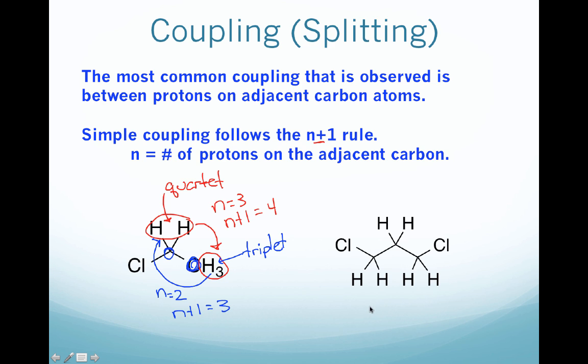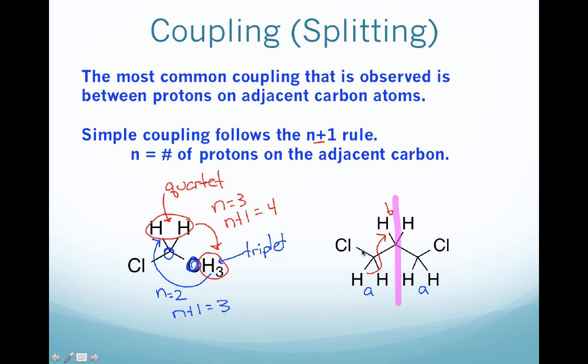Now, moving over to this next example, the first thing you want to realize is that there is a plane of symmetry that runs through this molecule. So there's only 2 different types of protons. We have proton type A, which is also mirrored on the right side, and then proton type B. So there's only 2 signals on this NMR, but let's first deal with A. A is coupled to this CH2 group.